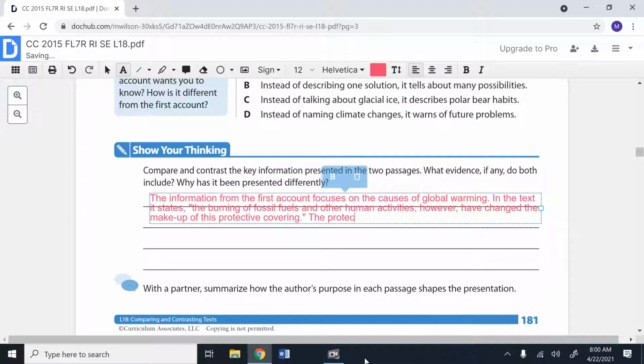The protective covering is what's keeping warming from increasing.